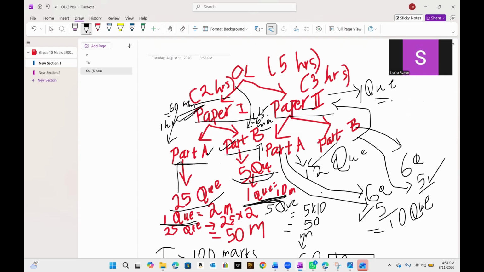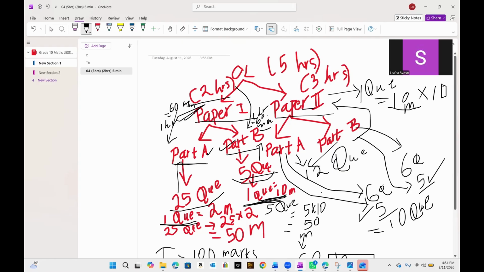How will you calculate it? The marks are already given. How much is it? That is 10 marks. You don't have to calculate. So the marks given for one question in paper 2 is 10 marks. So if you take one question as 10 marks, you have around how many questions? You have around 10 questions.